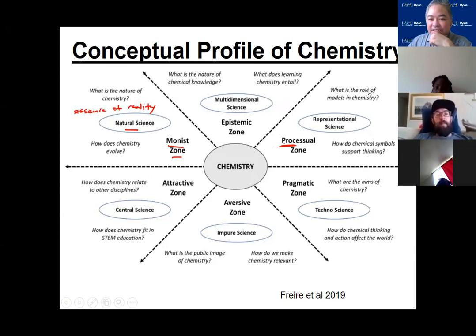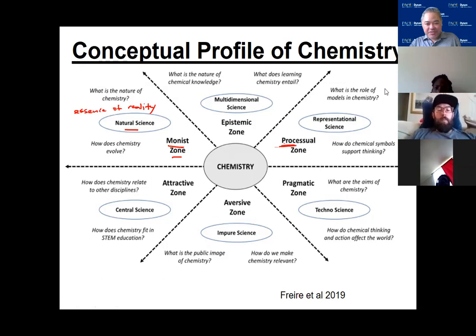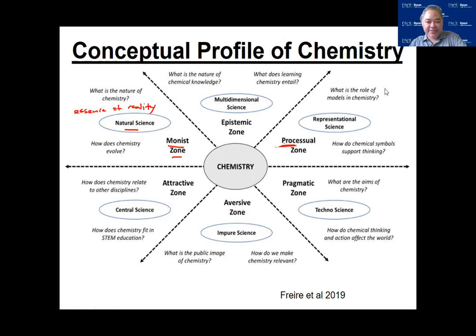So we can ask questions here: what is the role of models in chemistry? How do chemical symbols support thinking? Okay, so we conceive chemistry here as a process, or event, that involves specific entities.